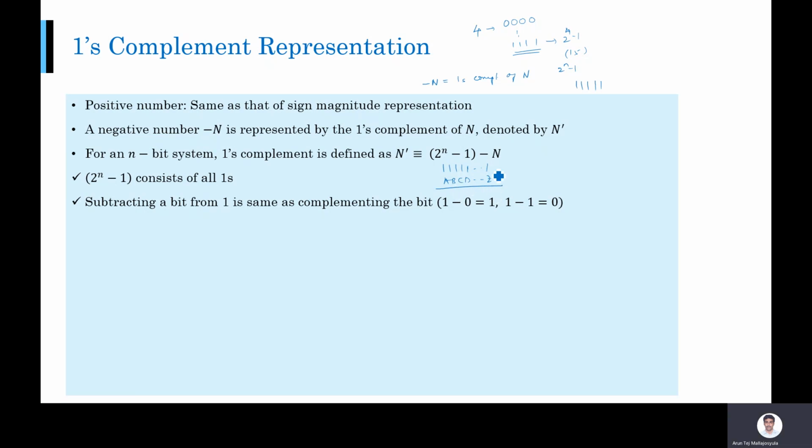You're going to get the complements of each of these bits, right? D complement, C complement, B complement, A complement, right? So basically, when you are taking the 1's complement of this number, all you are going to do is simply complement each of the bits. You will get the 1's complement. Okay, so 1's complement of a number n is obtained by complementing n bit by bit.